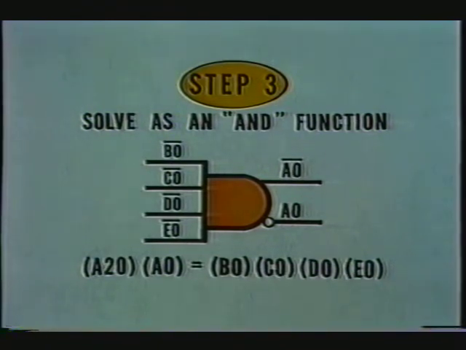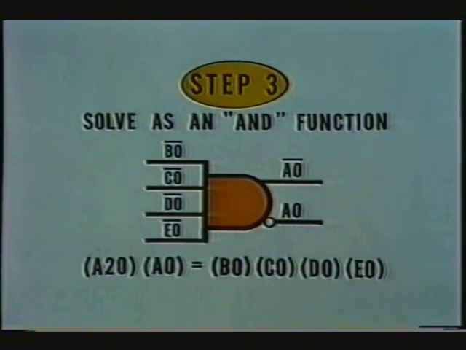A0, which is located on the inverted output of the gate, will go to a 1 if B0 or C0 or D0 or E0 is equal to 1. Keep in mind that when you see a Boolean equation with an inverted result, it is actually meant to solve an OR function, as in the case of not A0 equals not B0 and not C0 and not D0 and not E0.